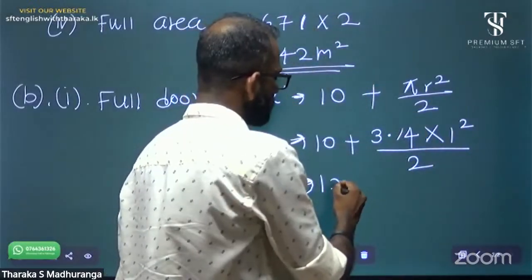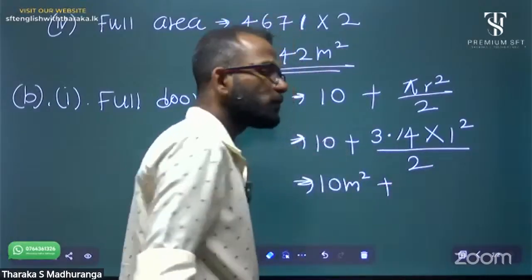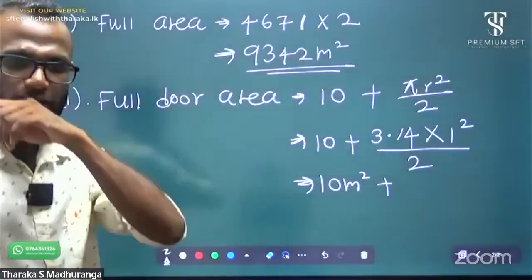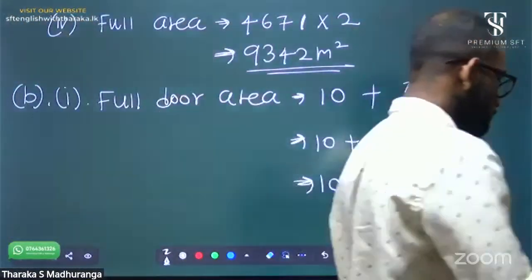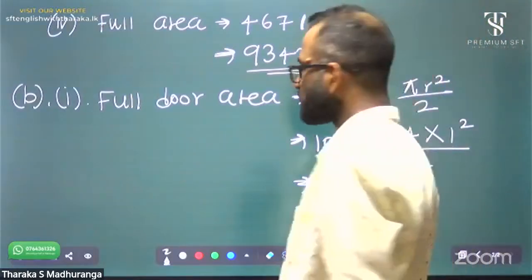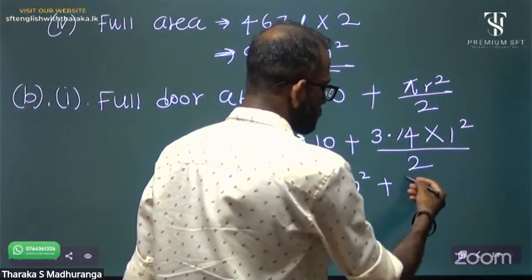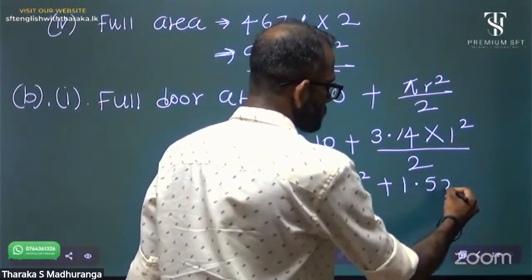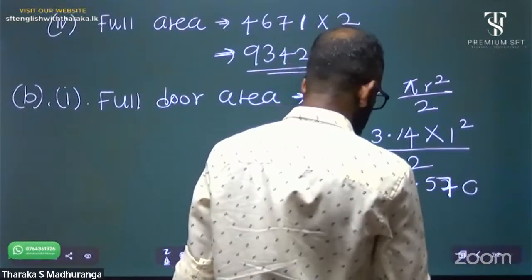Then 10 square meter plus 3.14 divided by 2. What's the value? 1.57 square meter.